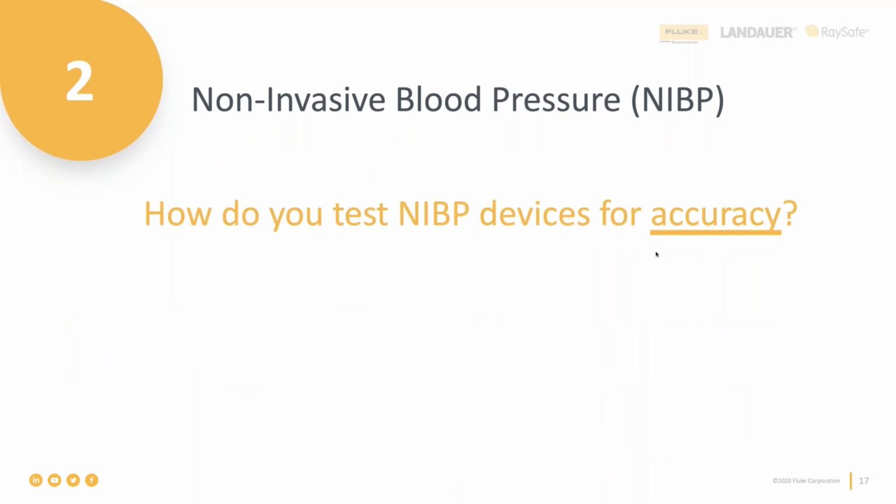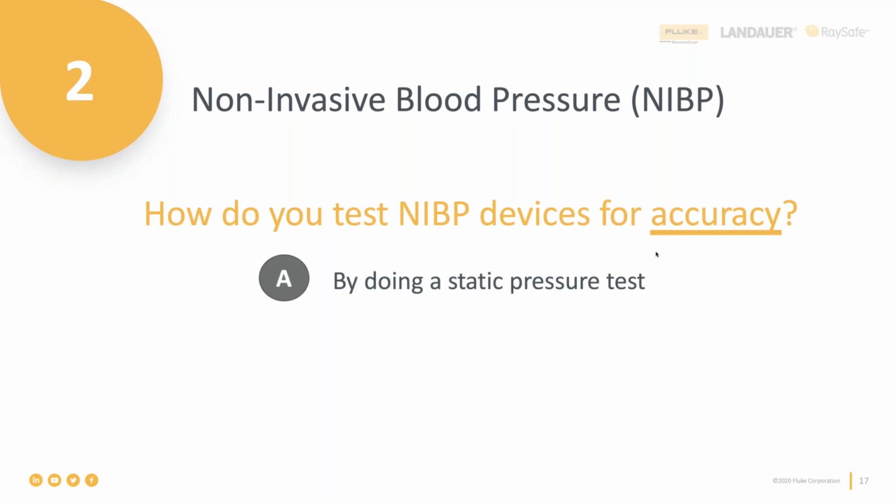Before we move on, let me ask all of you, what tests do you perform to determine accuracy of the NIBP device under test? Before we start a poll, I'm going to show the options here.